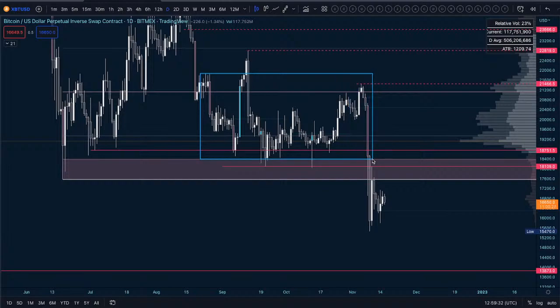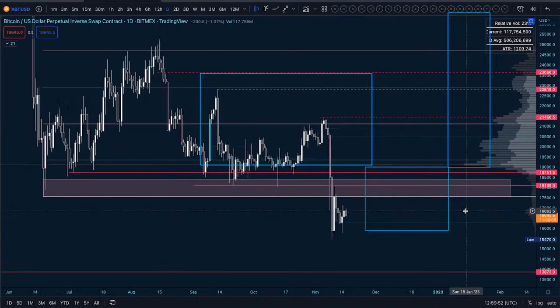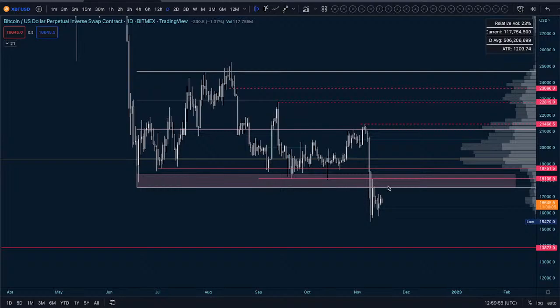Famous PO3, right? That's your accumulation, manipulation, and expansion. Can it be not? This is still the range.